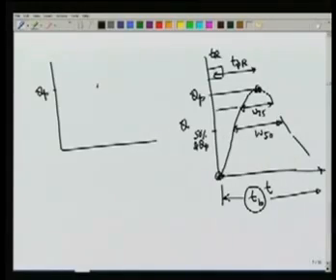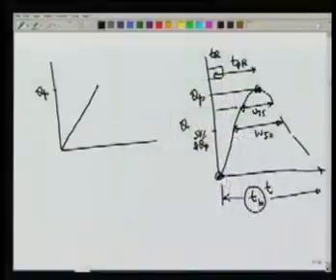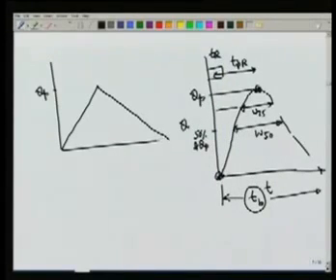What we do is we assume that the unit hydrograph can be approximated by a triangle, which has a peak flow of QP and a time base of TB.